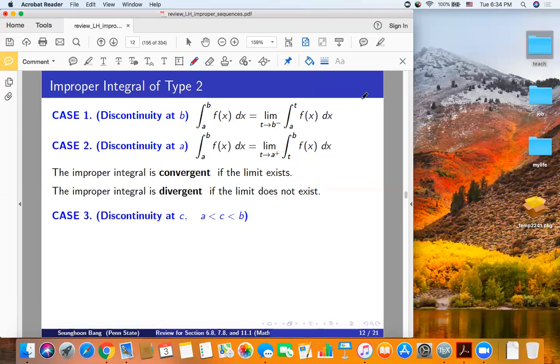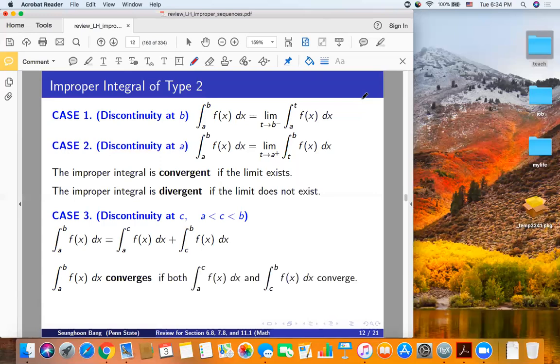Third case, discontinuity at C, where C is between A and B. So like this. You can just split it: integral from A to C of f of x dx plus integral from C to B of f of x dx. How can you tell the integral from A to B of f of x dx converges?